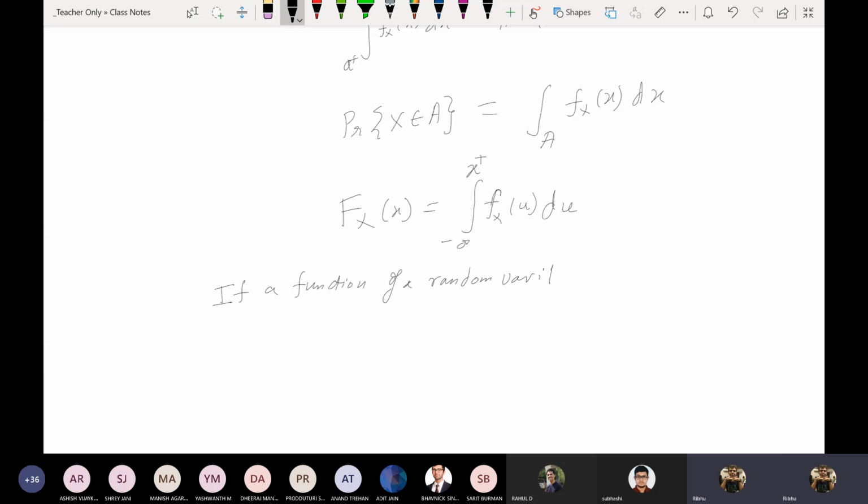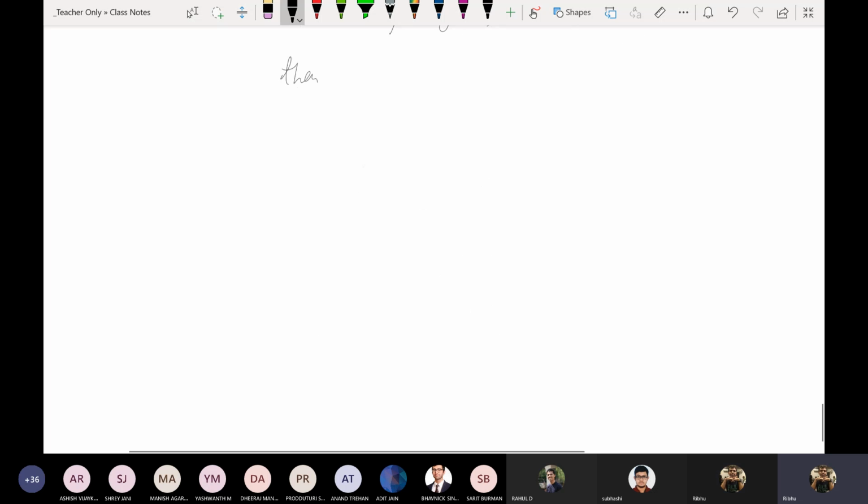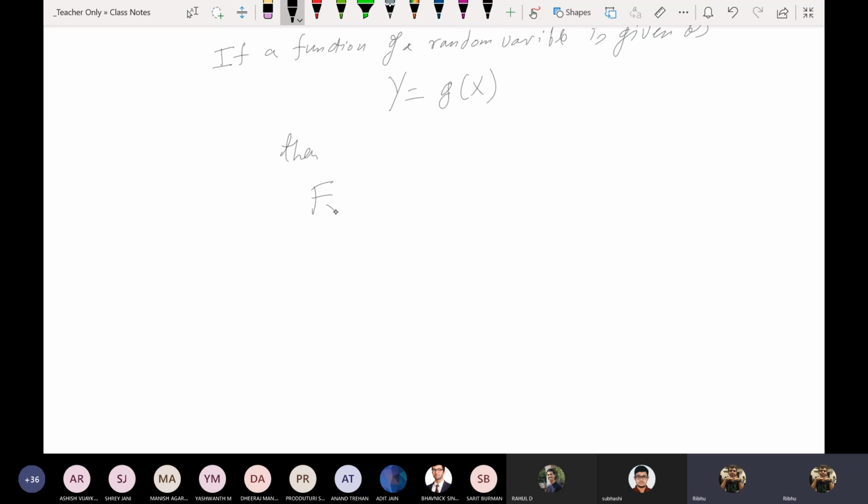For a random variable Y given as Y equal to g of X, F_Y of y equals the probability of the omega such that g of X of omega is less than or equal to y.